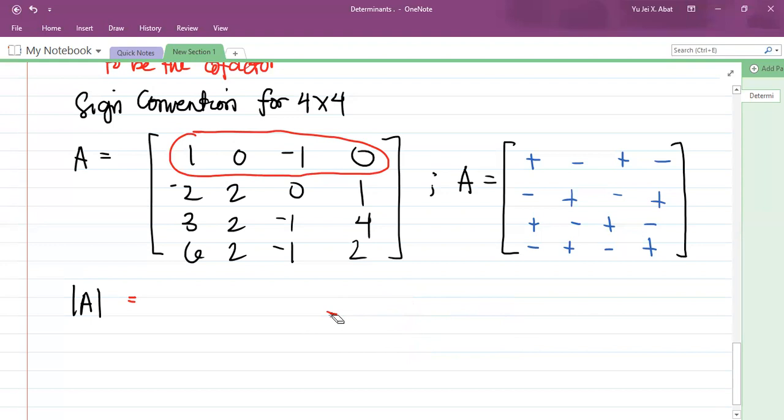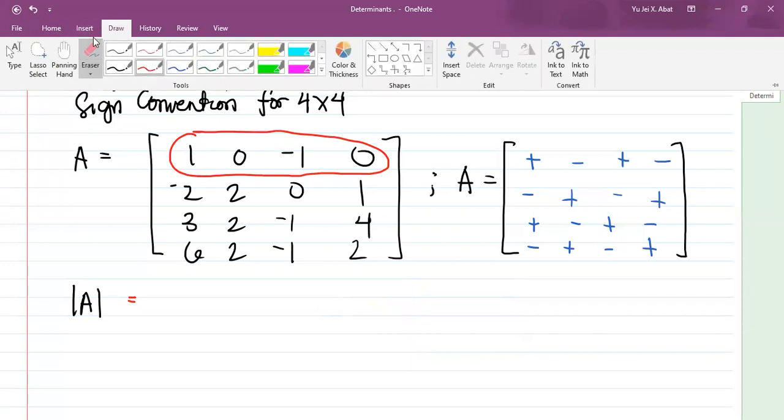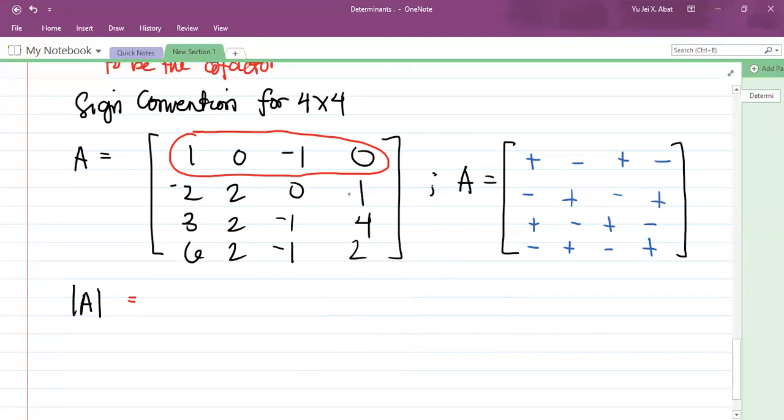Pag kinuha ko yan, yung buong row na yan, so ganito. Applying the sign convention, dahil ito yung gagamitin kong sign convention. Okay? So, yan yung magagamit kong sign convention.